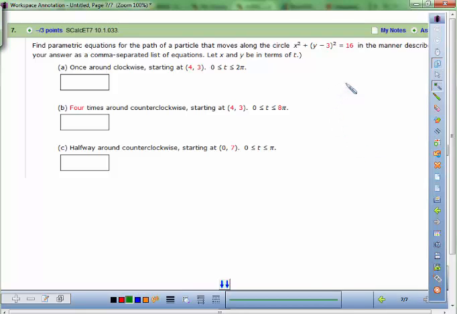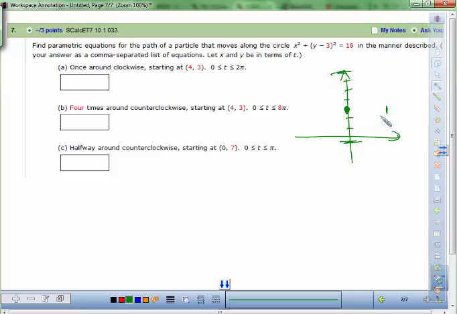So I see the circle kind of looking like 1, 2, 3, and it has a radius of 4. 1, 2, 3, 4. Okay, so it should look kind of like that.